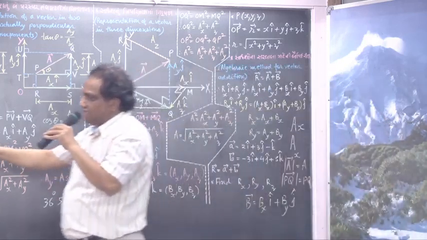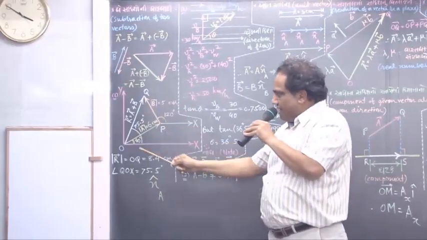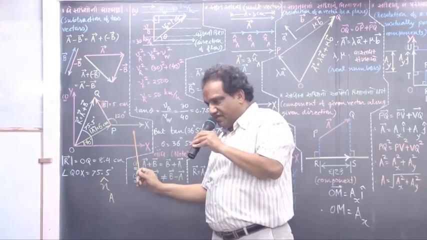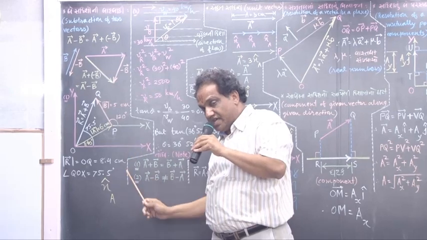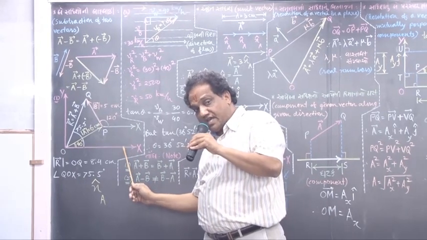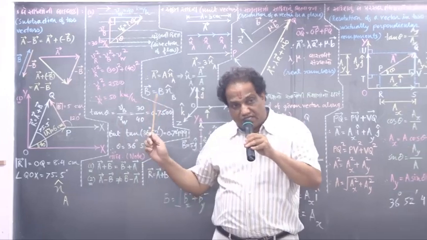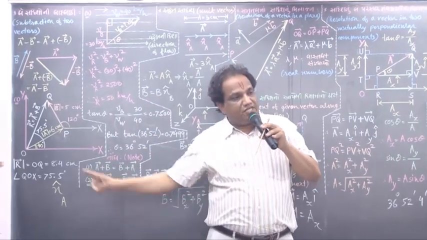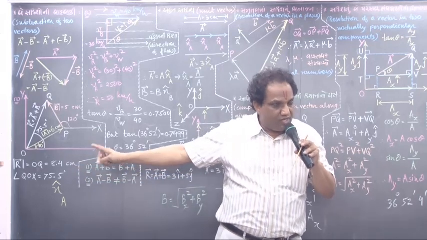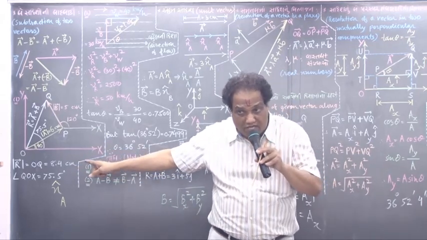How did you find this resultant vector here? By making vector addition in the figure. This is called the geometrical method. But this method has 2 limitations. One, it is time consuming and quite boring.